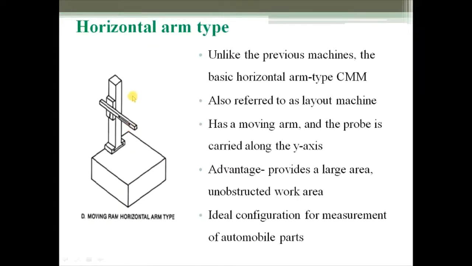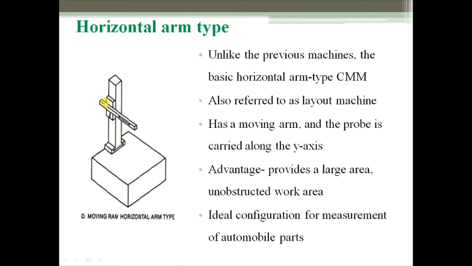Horizontal arm type. Unlike the previous machines, this is the basic horizontal arm type CMM machine. It has a moving arm and the probe along the y-axis. The advantage is that it provides a large area and an unobstructed work area.